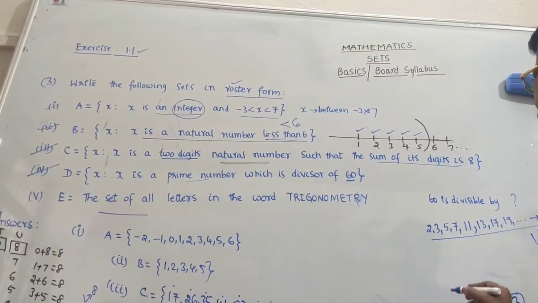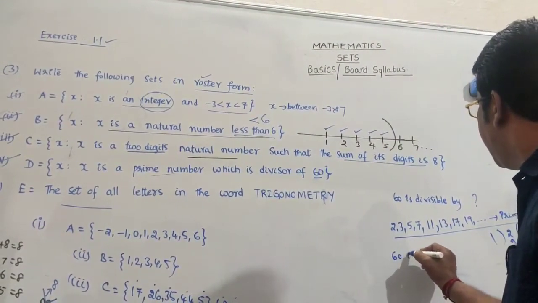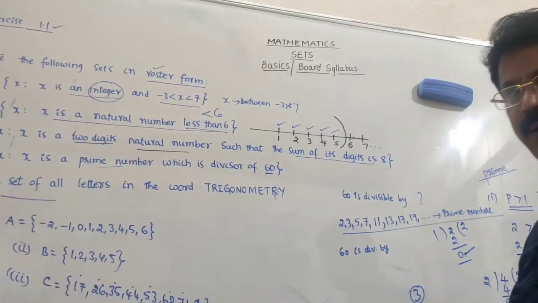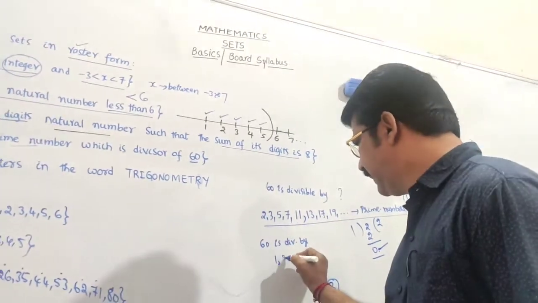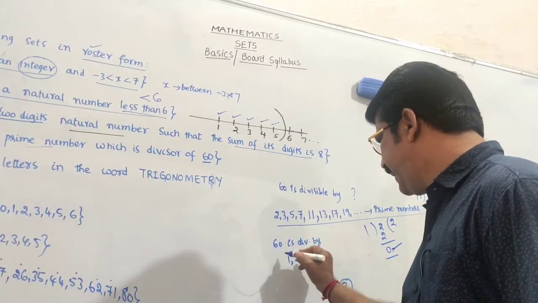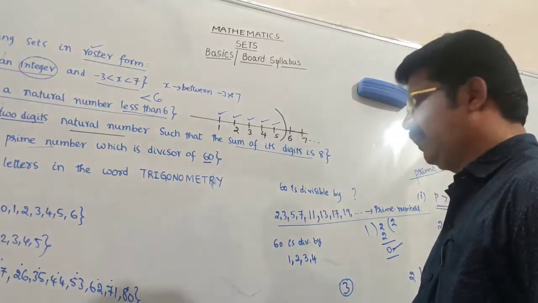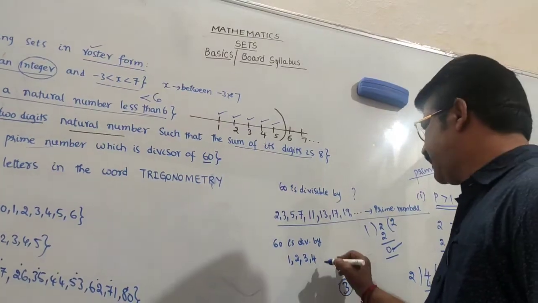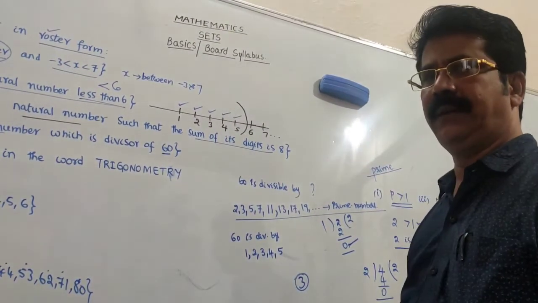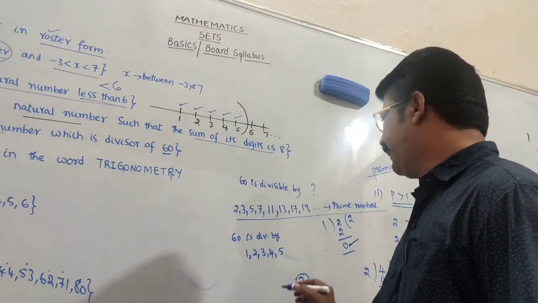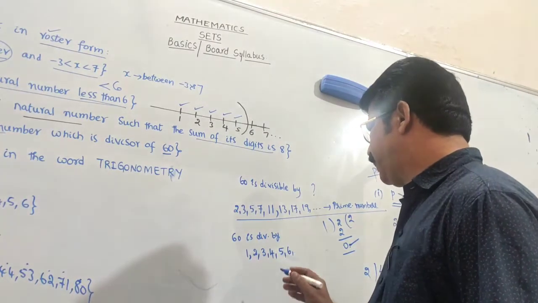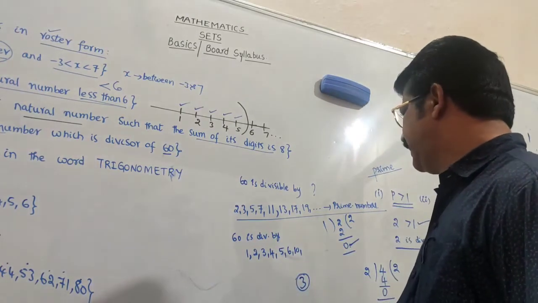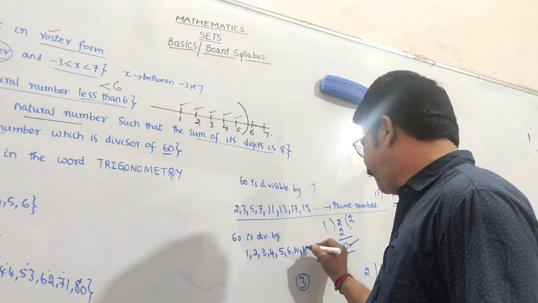Divisors of 60. Actually, 60 is divisible by 1, 2, 3, 4. 4 into 15 is 60. Next, 5. 5 into 12. It is divisible by 5. 6, 7, 8, 9, 10, 12.